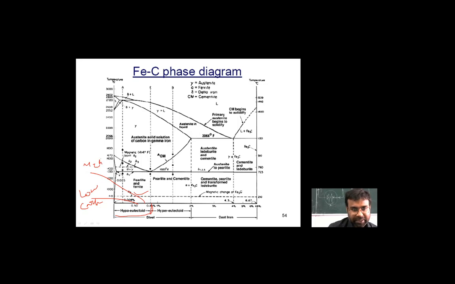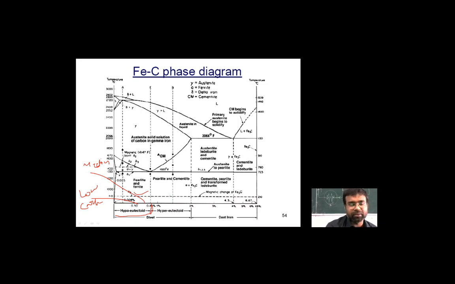So this is the basic medium and low carbon steel range, and above that, 0.83% up to 2% is related to the range from medium carbon steel to the higher carbon alloy steel, basically.